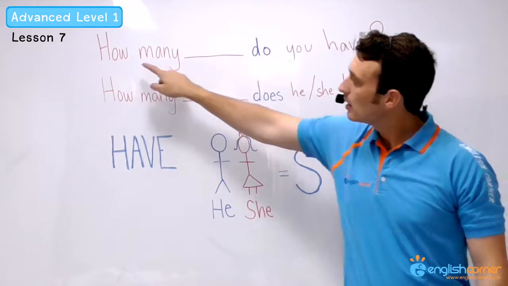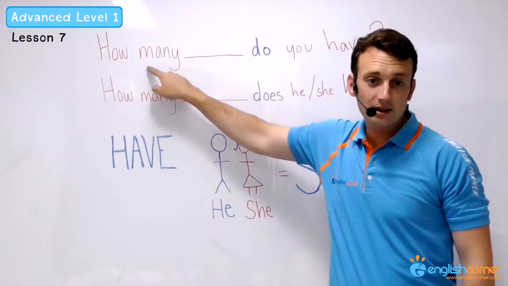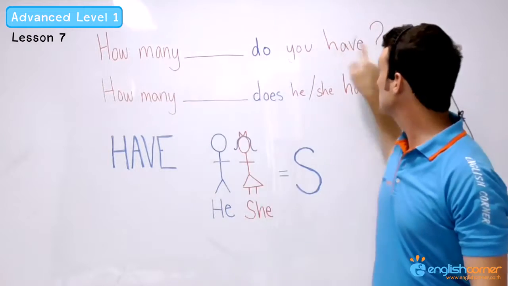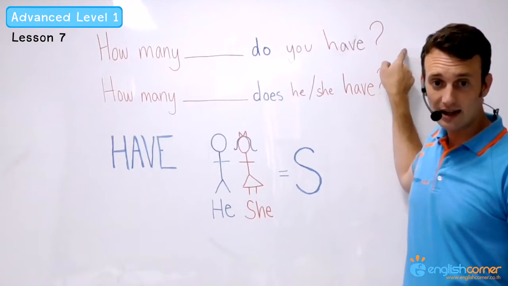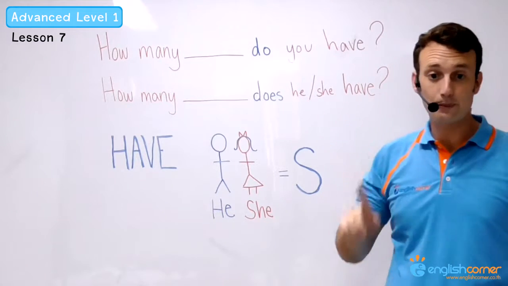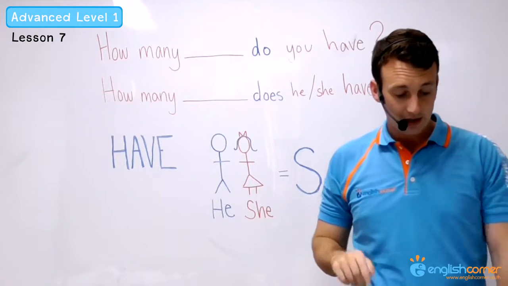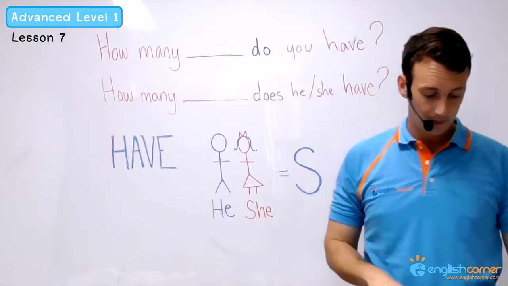Now, when you see this, how many is a question. How many is a question, okay? And the answer is a number. Today we're talking about numbers.